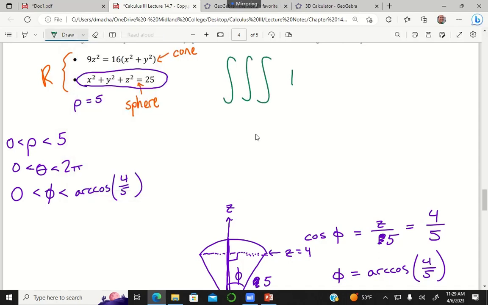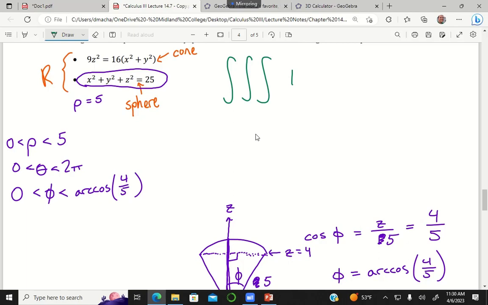Triple integral, the integrand is a 1. Now, I have to decide on some kind of order of integration, and all my lower bounds and upper bounds are constants. So that's actually pretty nice. I don't have to worry about one being a function of another one.